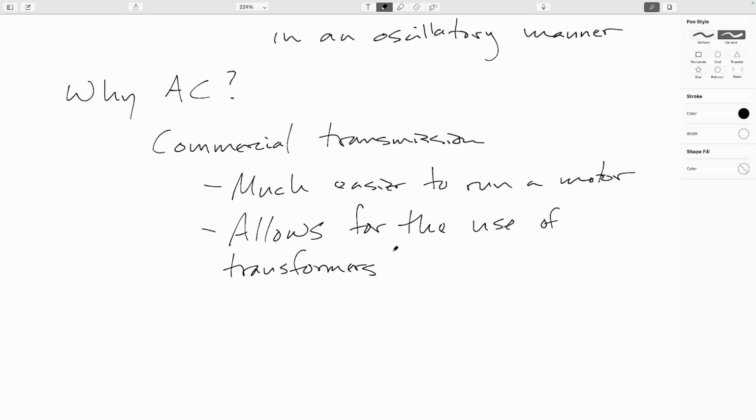But what this will do is that this device allows the utilities to minimize heat losses in the transmission lines.